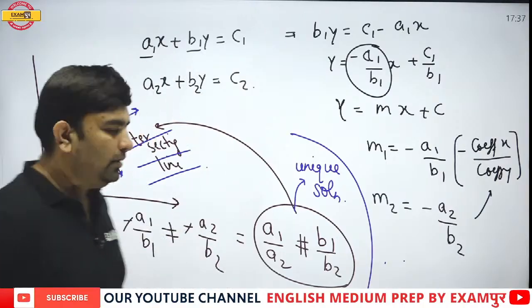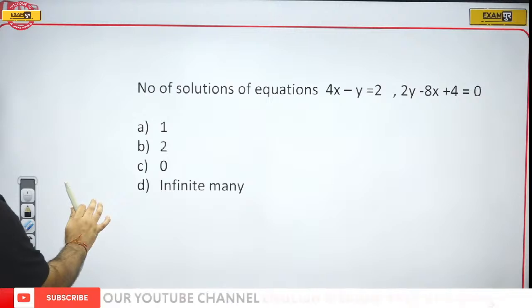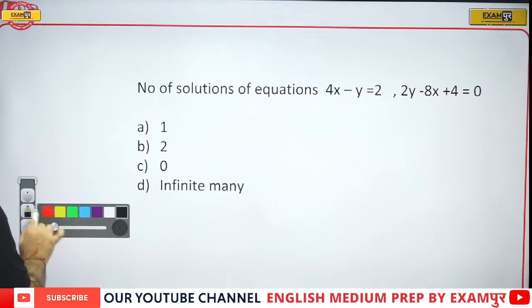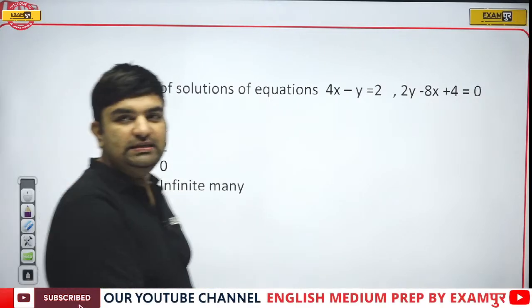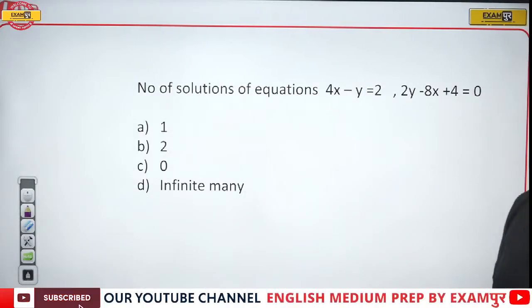See, guys, how many solutions do these lines have?